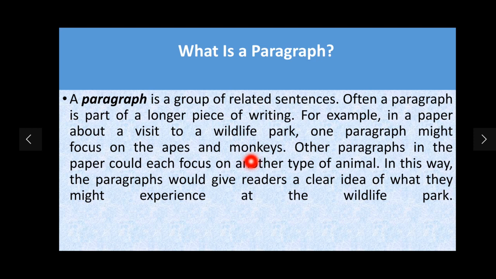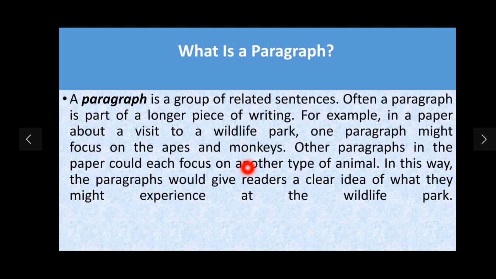Then, like in a longer text, in a paragraph each sentence must be linked or connected with another sentence. So if in one paragraph we have, for example, 10, 15 sentences, all sentences must be well knitted and well connected.